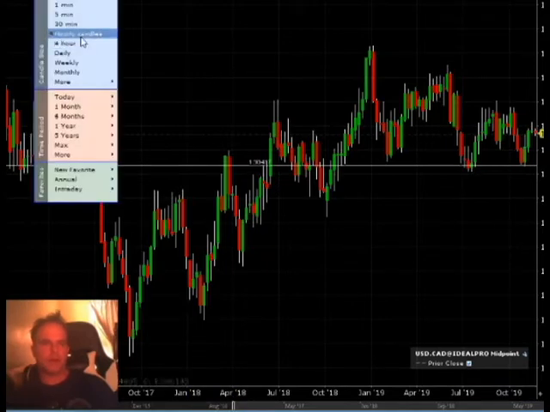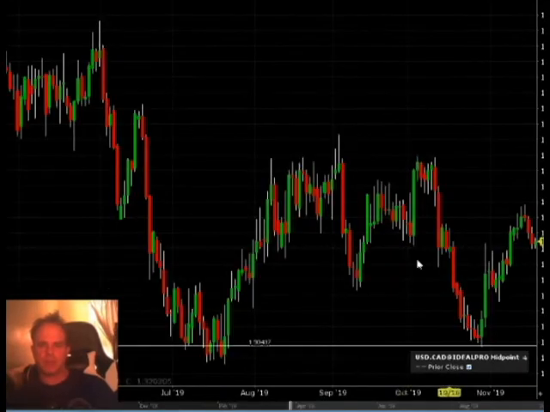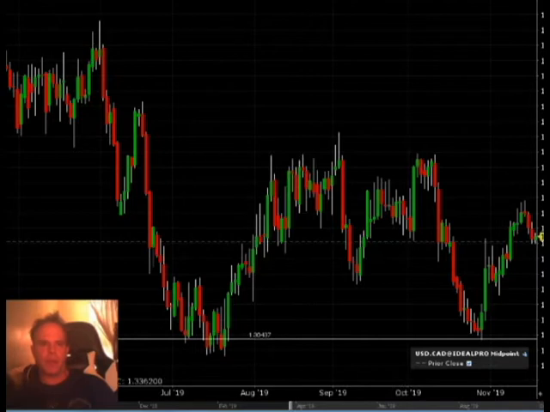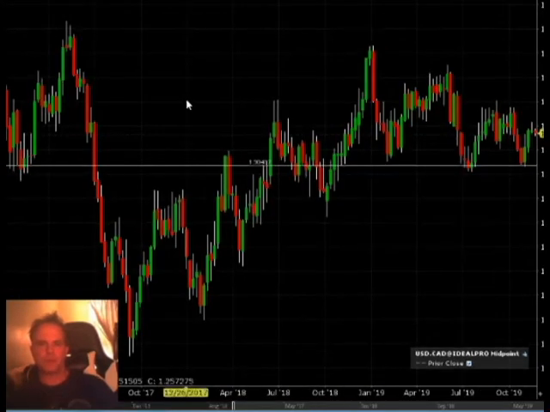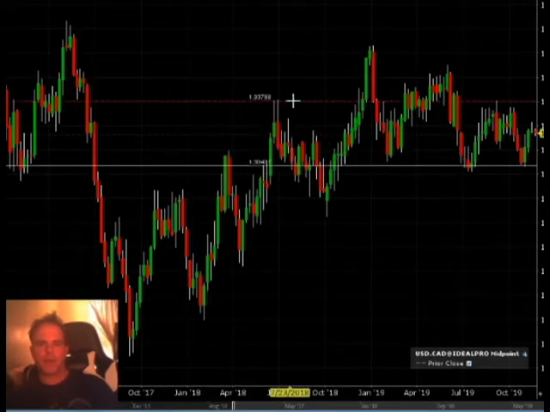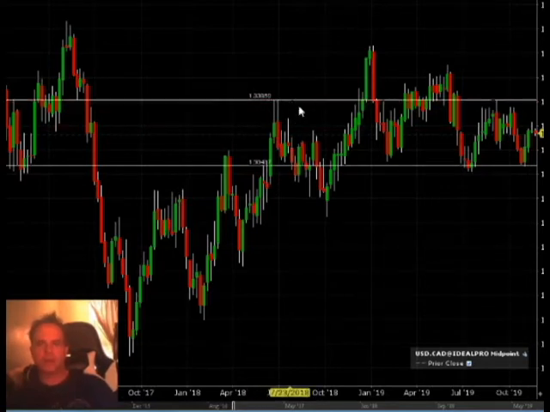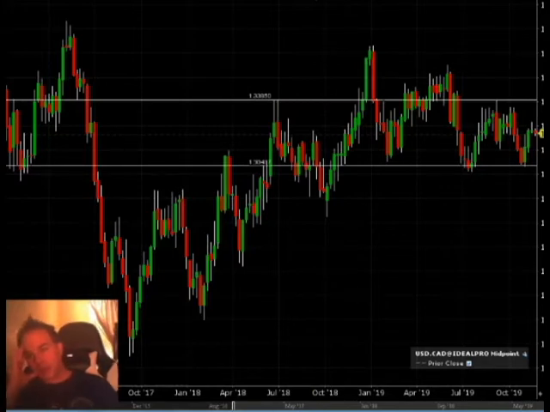When you get up a bare chart like this, the first thing you want to do is add a trend line. Right here they have horizontal trend lines, vertical trend line. You can just edit the chart in general.